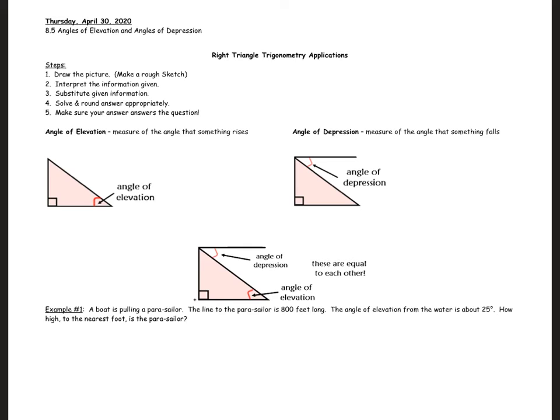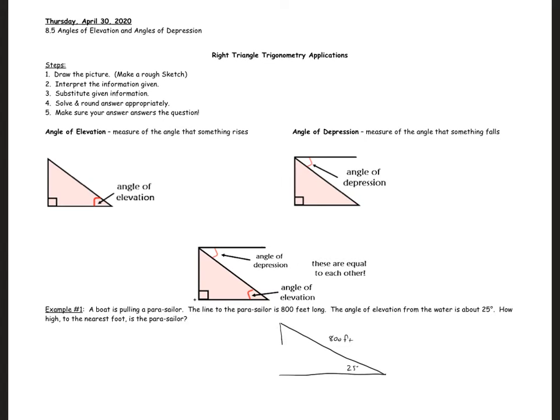What we have is some boat out here on the water, traveling this direction, and behind that boat we have the parasailer. Remember, the parasailer is just attached to the boat. So this is 800 feet of line, and the angle of elevation from the water is 25 degrees.